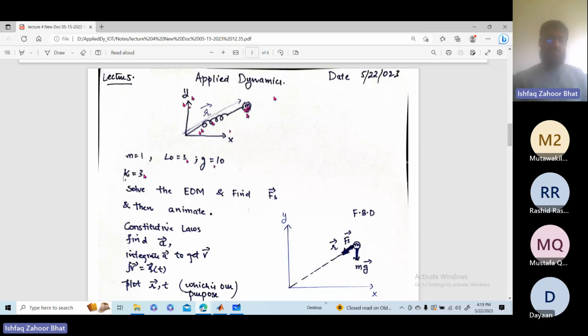And if you just disturb it from the equilibrium position, that is, you elongate it from the normal position, there will be a spring force which will try to bring it towards the normal position. And also due to gravity, there might be some other effect. So we want to solve the equations of motion for this system, which is easy.